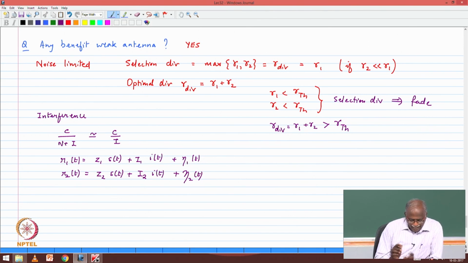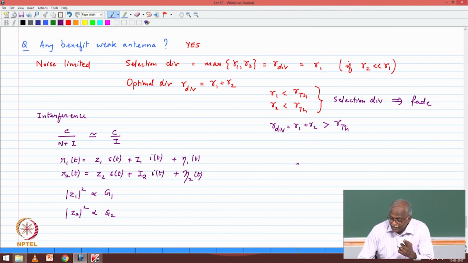I am going to write down a statement which I want you to think about. The signal strength Z1 squared is proportional to the gain of antenna 1, and Z2 squared is proportional to the gain of antenna 2. The assumption that we have made is that gain 2 is much less than gain 1. So the question is, is there any benefit?